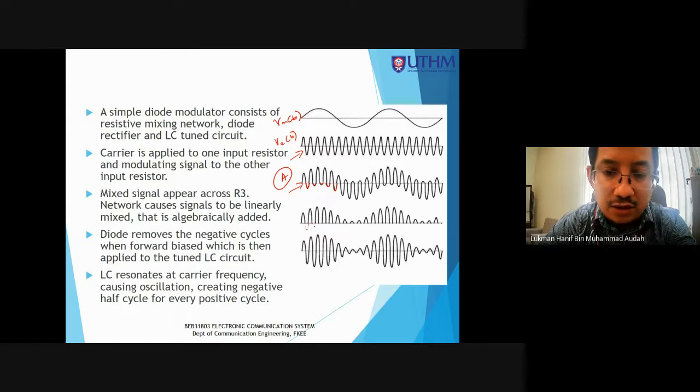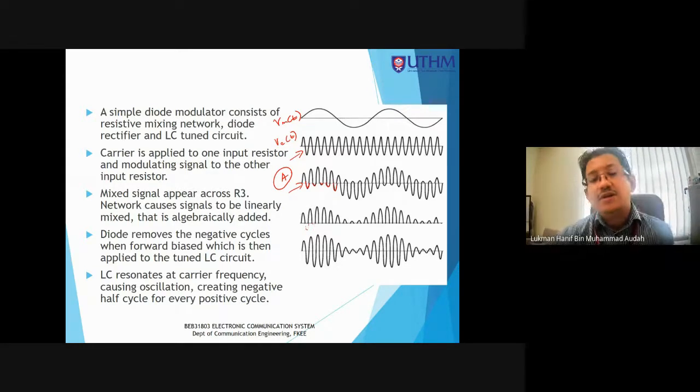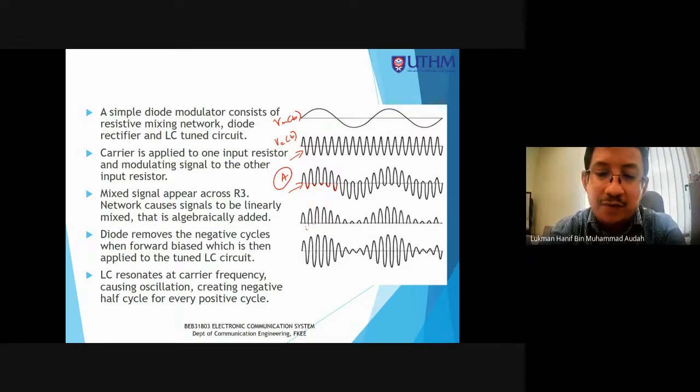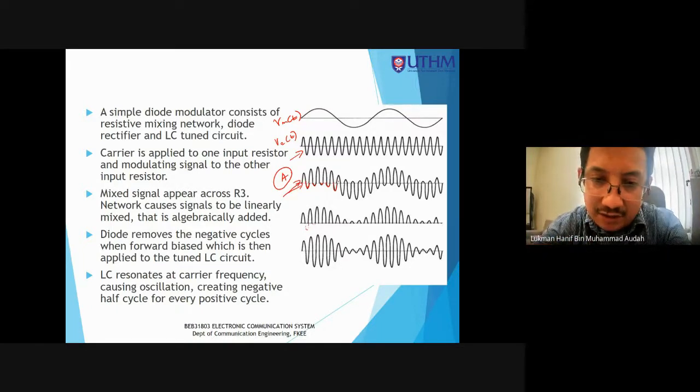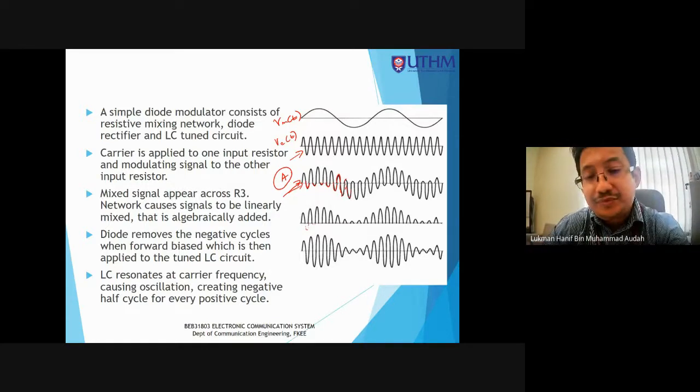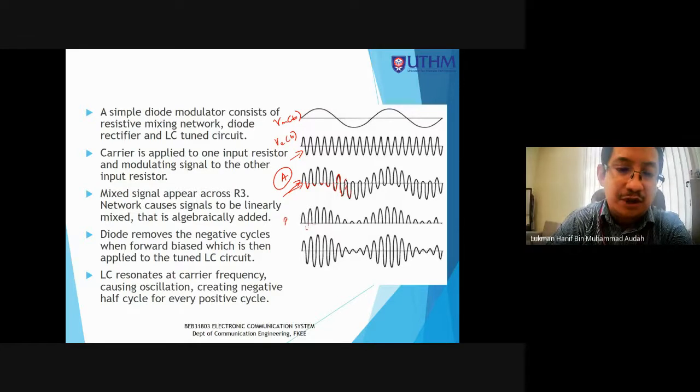Diode will remove this negative side because the current is not allowed to flow in the reverse bias. Okay, so akibatnya kita akan nampak seperti separuh bahagian. Okay, sebab tadi kalau you lihat daripada picture atas ni, yang bahagian bawah ini akan cut off, and then dia akan cut off all the negative side. Okay, so terhasillah gambar raja pada point B.